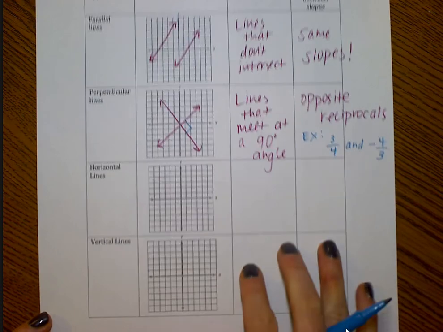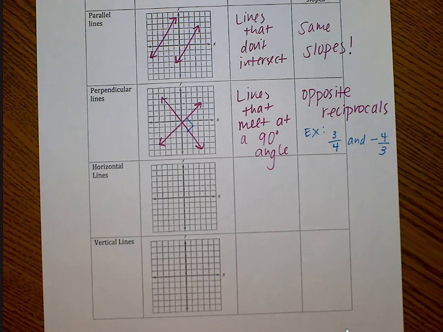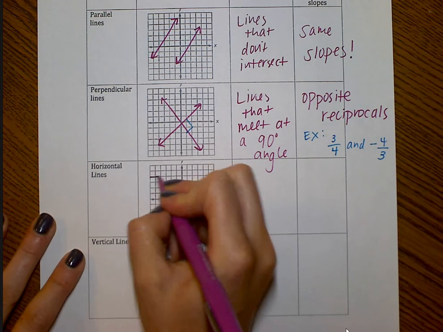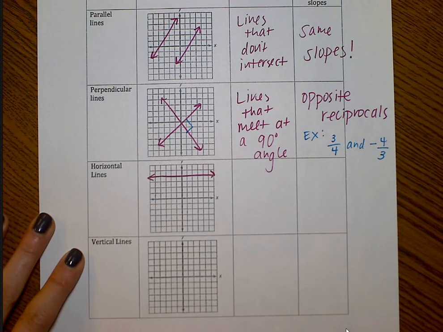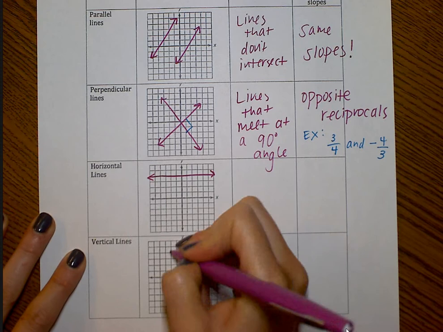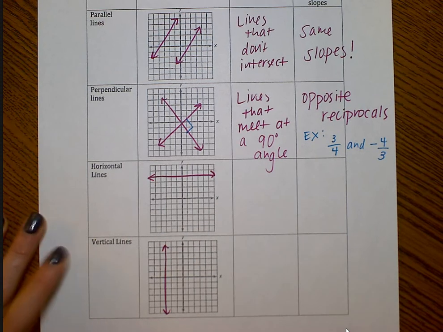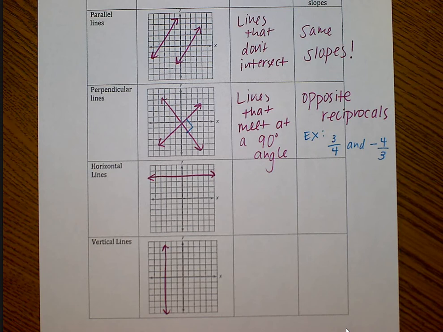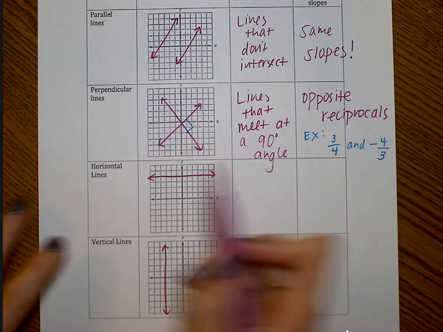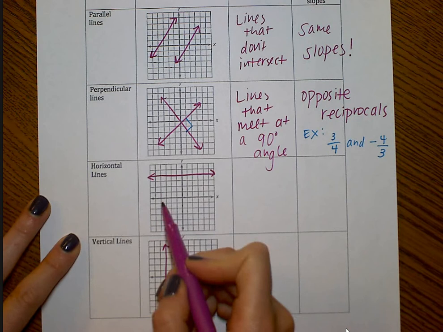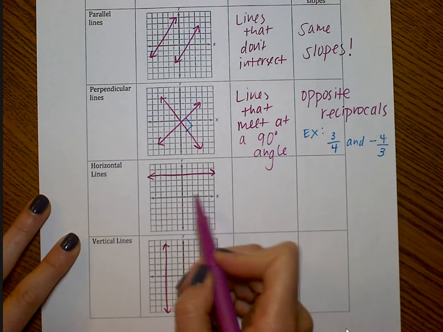We did a little bit last week with horizontal and vertical lines, so you'll still need to know those. Those will still come up. So horizontal lines look like that, and vertical lines go the other way. Remember that we also talked about last week, horizontal lines are kind of like the opposite of the axis. So like the x-axis is a horizontal line, it's the opposite.